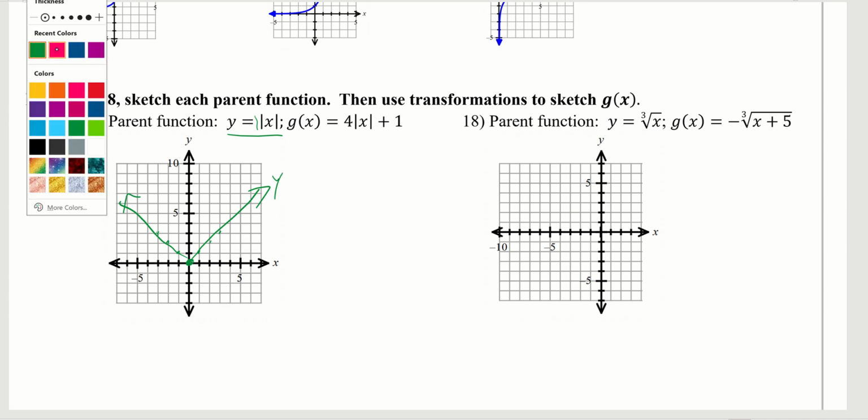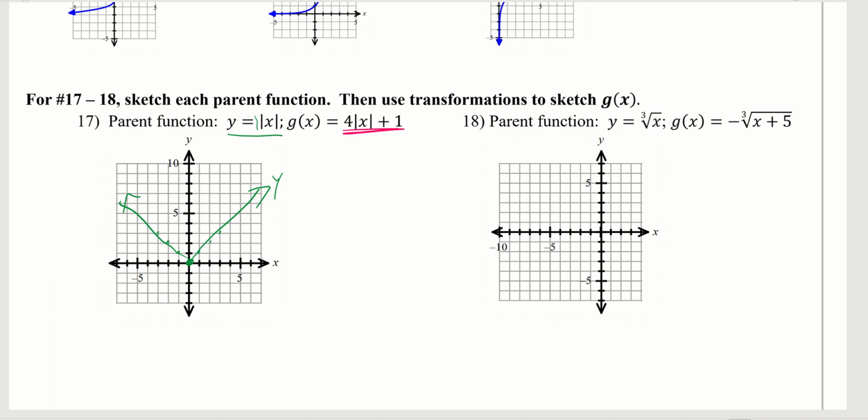Now if I use my transformations, okay, it's the same parent function there in the green, but now because of this, it tells me I'm going to move everything up 1, and this one here, it's going to stretch it, so a vertical stretch. Okay. So now I take my vertex, I move it up 1.